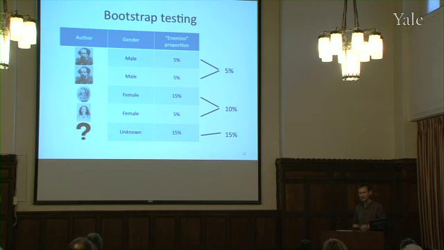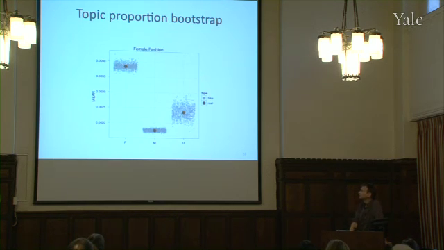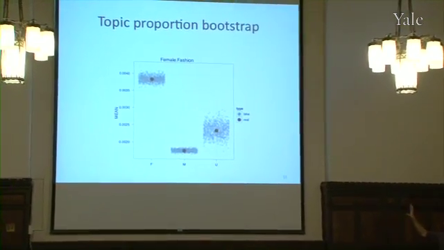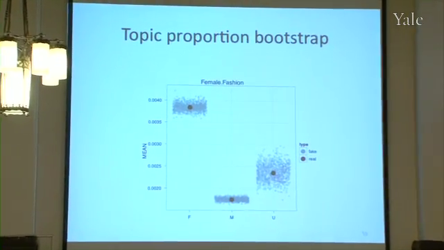So what we should see is if the category is fairly homogeneous, if it doesn't matter who you get within a category, then the points that we get from replication should be fairly tightly clustered around the actual point that we observed. If they're outliers, we should get a big spread. So here's what we get. The female fashion. Again, these results are pretty good at supporting our hypothesis that there's a difference between usage.